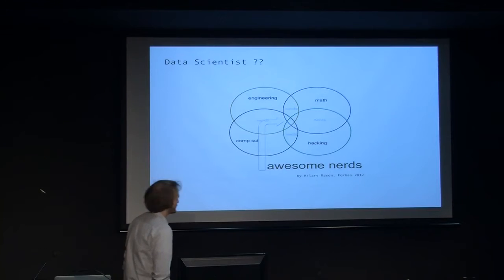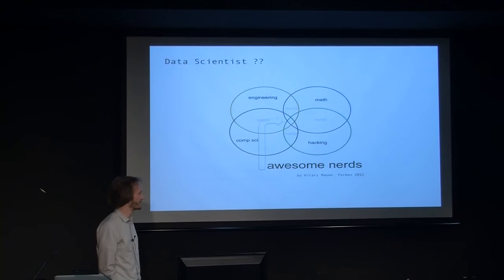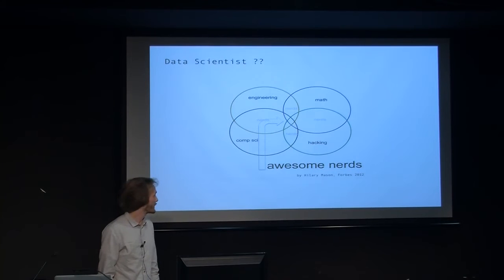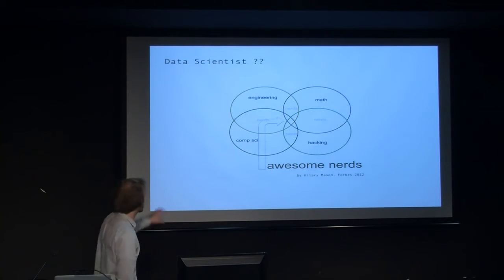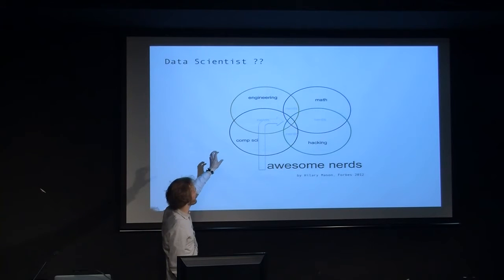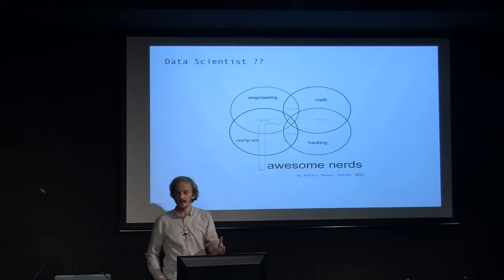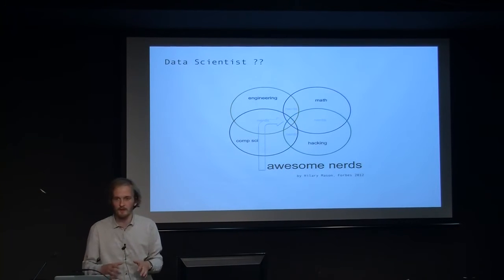And talking about science, talking about data, I said that I'm a data scientist. That is one quote from Hilary Mason. She was the chief data scientist for Bitly. It was from 2012. Here she said what she thinks data science is about, what the data scientist is doing. Here are some fields. So a data scientist is not an engineer, but somewhere in between, and not engineering only, but computer science, hacking. Hacking just means doing quick programming work.